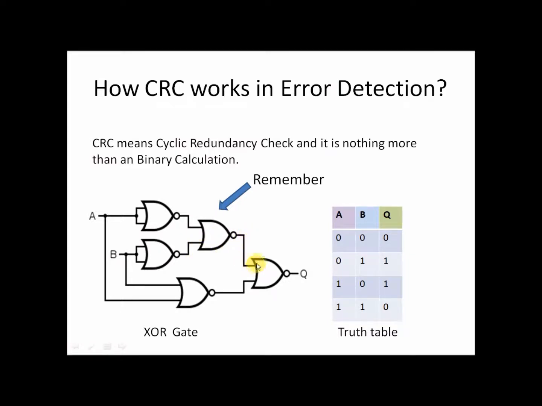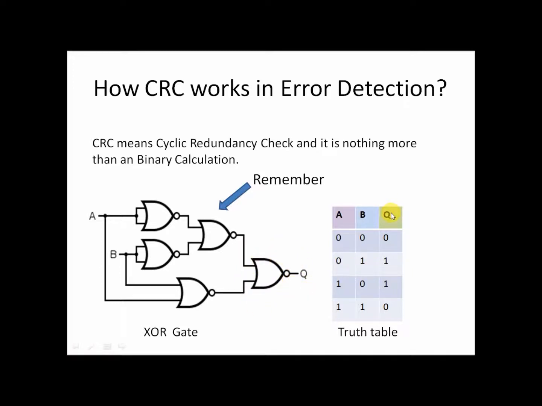That is connected to another NOR gate, and the outputs of A and B are separately connected to another NOR gate, which is further connected to the final NOR gate.